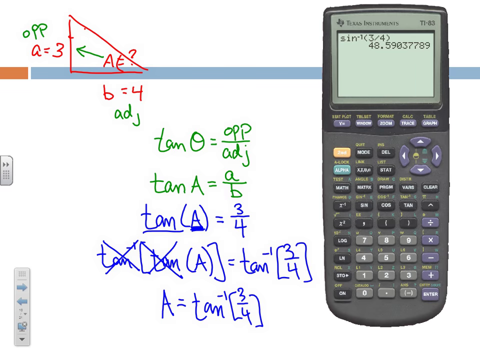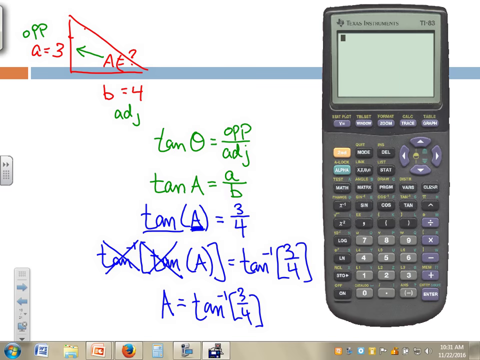We can go ahead and plug that in. So I hit second tangent, 3 divided by 4. And now I get an answer of 36.87 degrees.